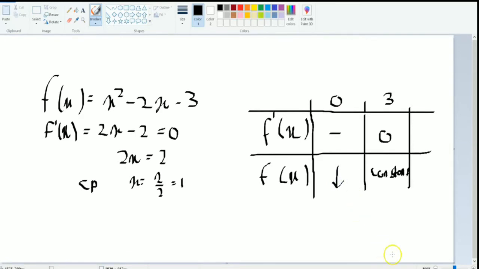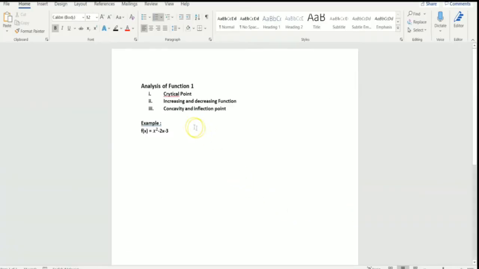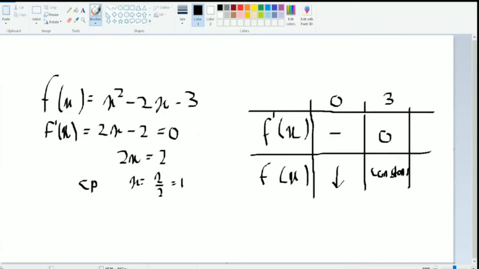Okay, after that we have to find the concavity and inflection point, which is quite easy. After we get the derivative of x squared minus 2x minus 3, which is 2x minus 2, we have to make another f prime, which means f prime prime.